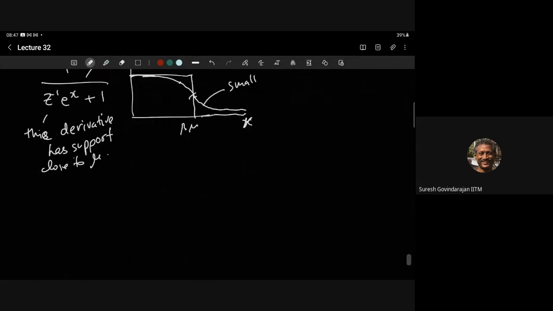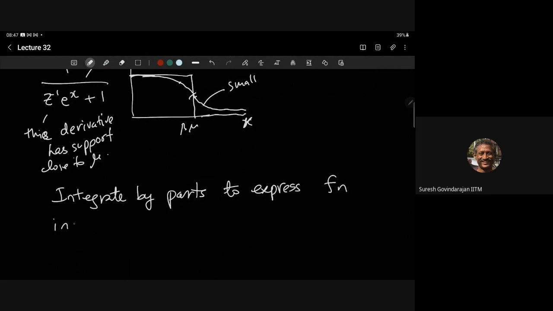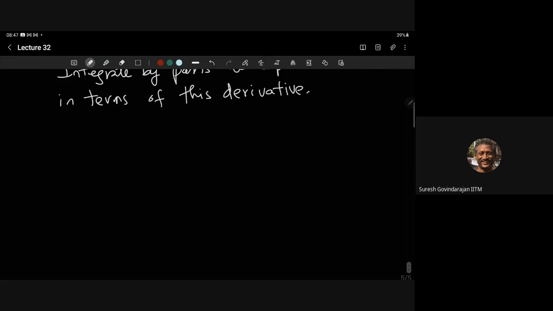Okay, so to take advantage of this, integrate by parts to express Fn in terms of derivatives of the Fermi function. Okay, so I'll write the formula, and it's a very simple integration by parts. I just have the formula here.